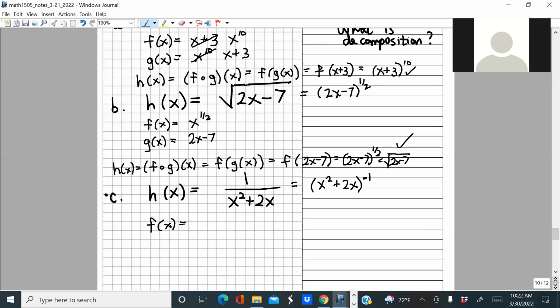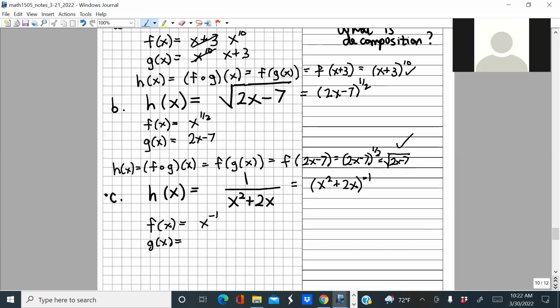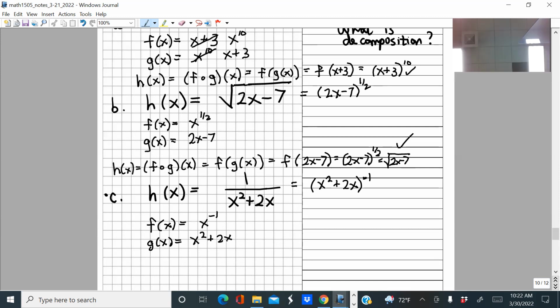Inverse 1. Right. So what am I raising to the -1 power, Robbie? Yeah, x, right. So you would just write x to the -1, and then the g of x obviously has got to be the rest of it, right? So that would be what? The x squared plus 2x. Yeah, x squared plus 2x.